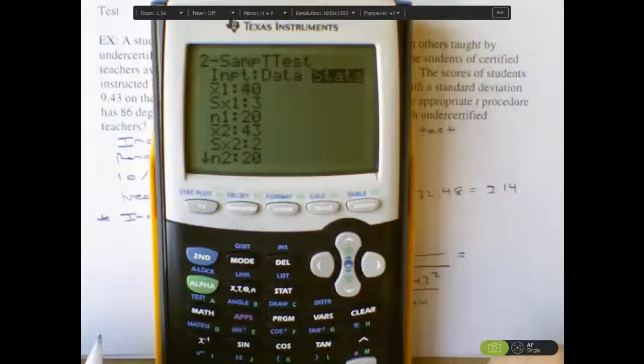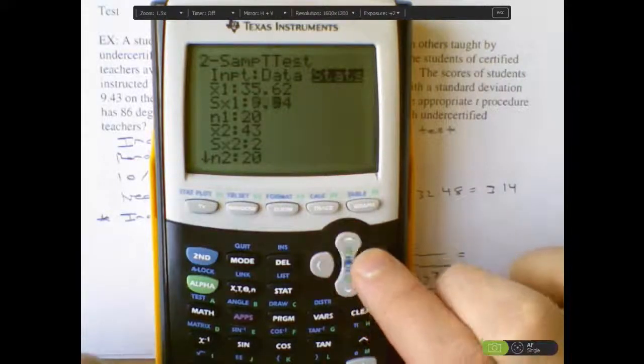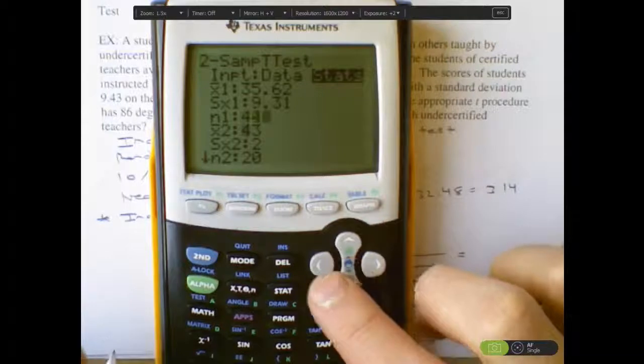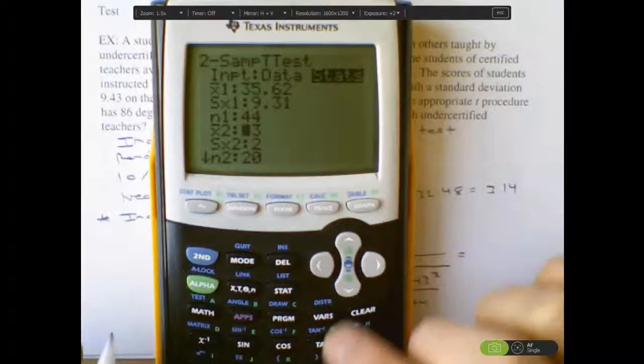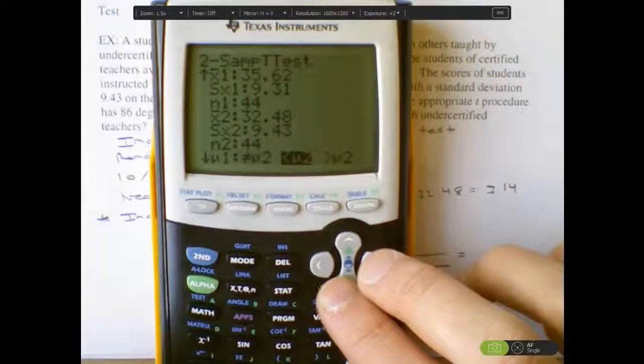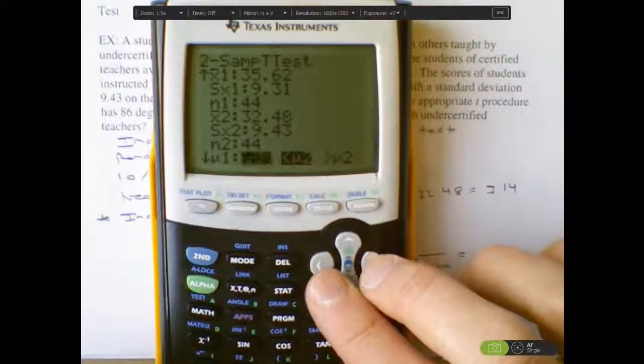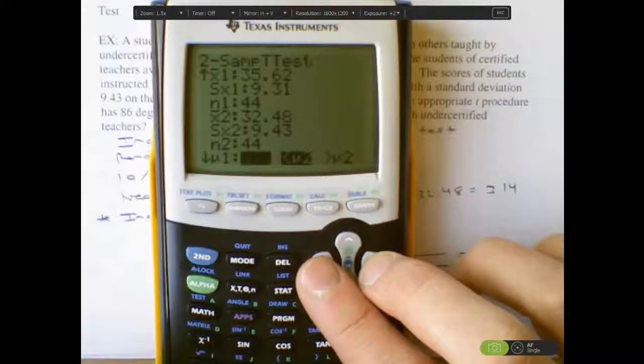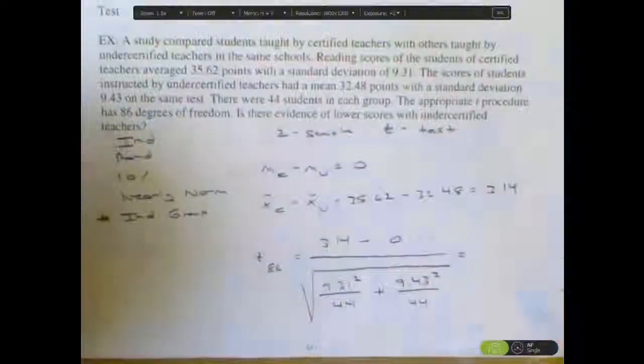So for group 1, the mean was 35.62 with the standard deviation of 9.31 and a sample size of 44. Group 2, the mean was 32.48, standard deviation of 9.43, and a sample size of 44 as well. The alternative, they're asking, is there evidence of lower scores for under-certified teachers?